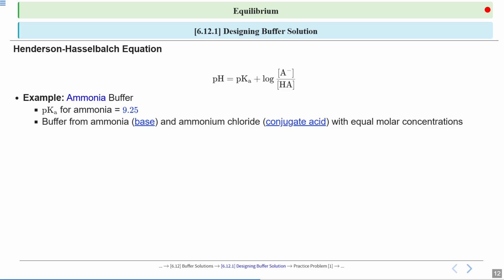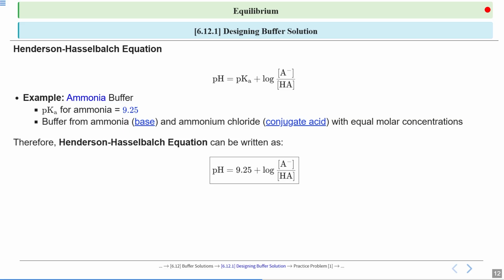So you have equal concentrations of ammonia and its conjugate acid. You can write your Henderson-Hasselbalch equation as pH equals 9.25 plus log A minus by HA. If they have equal concentrations of A minus and HA, then your pH will be equal to 9.25. That will be obvious.